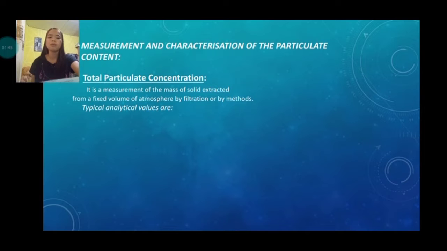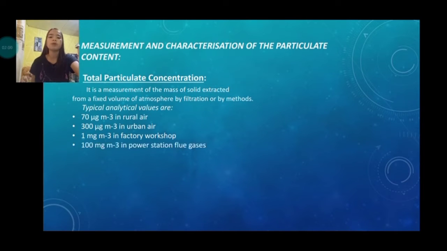These are the typical analytical values: 70 microgram per cubic meter in rural air, 300 microgram per cubic meter in urban air, 1 milligram per cubic meter in a factory workshop, and 100 milligram per cubic meter in power station flue gases.